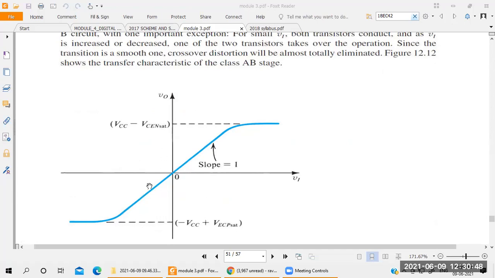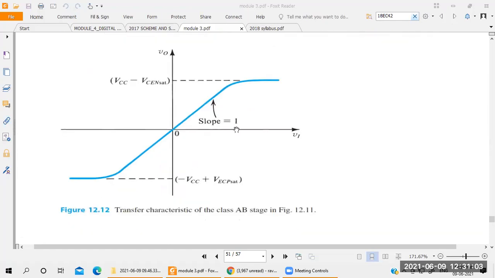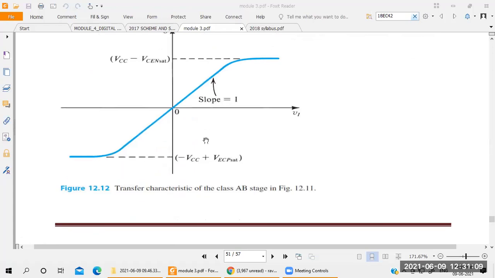Same thing you take for the PNP: linear condition and saturation condition. What is the maximum PNP voltage here? Minus VCC plus VEC saturation. This is the transfer characteristics. In the exam, you write both transfer characteristics, circuit diagram, then output wave.